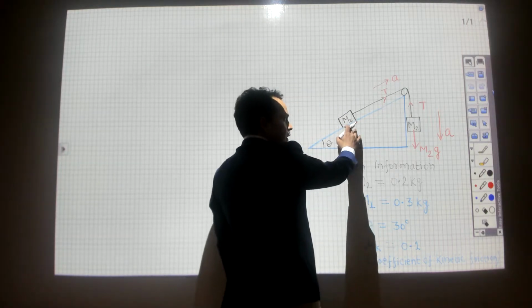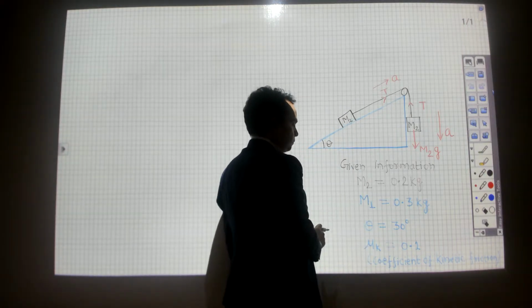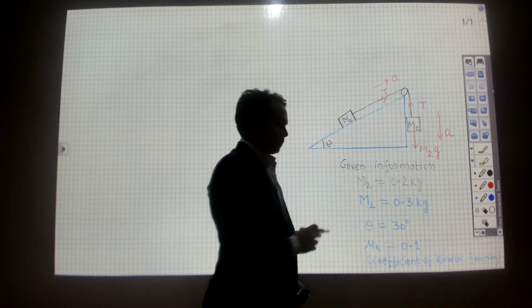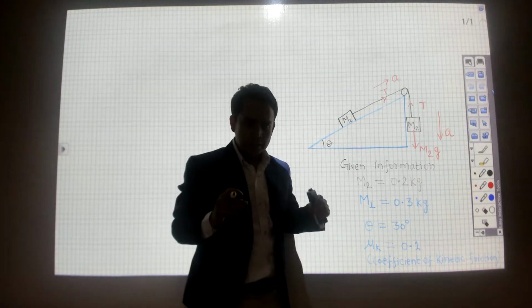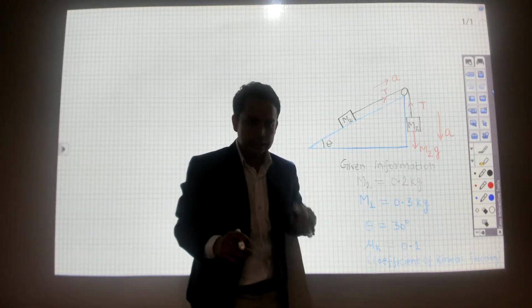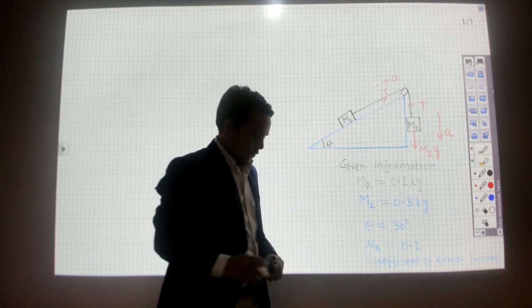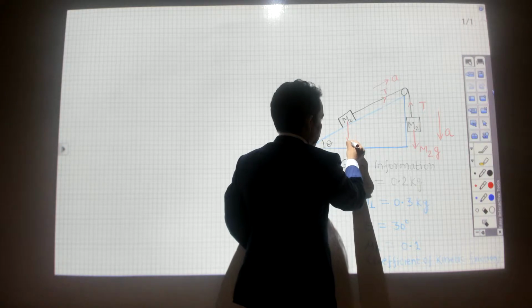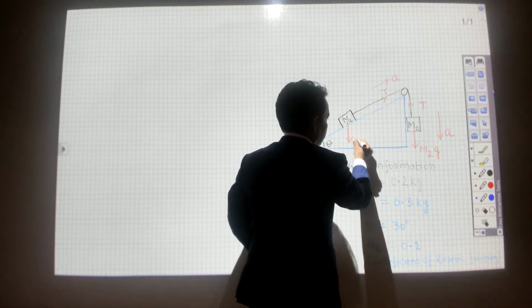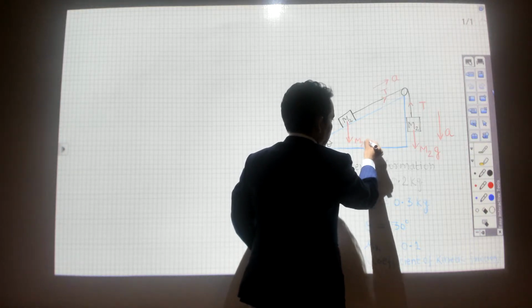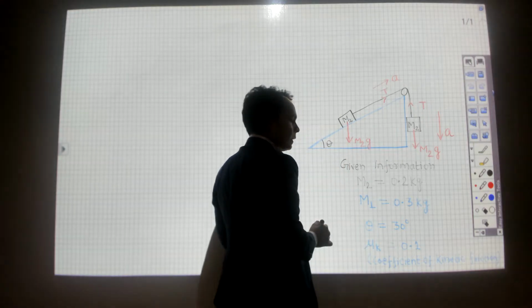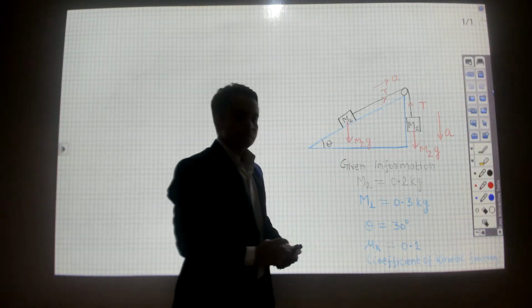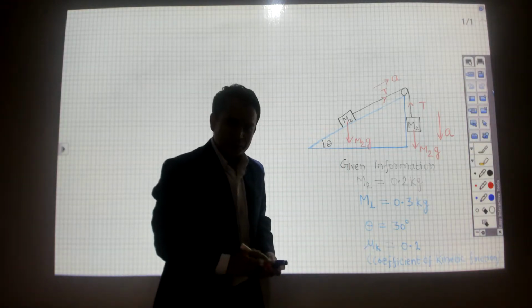Now let's see what forces are acting on this object. The weight of an object is always vertically downward. So the weight of this object is m2g, the mass times the gravity. What are the other forces?